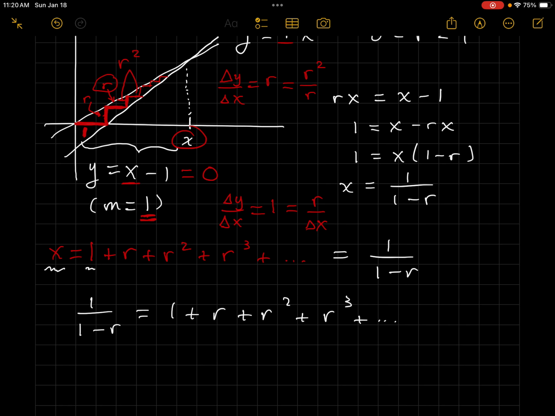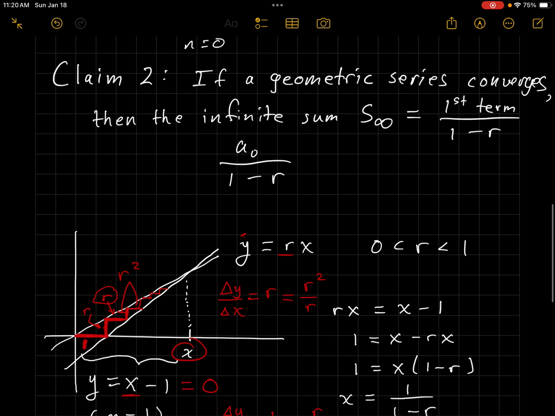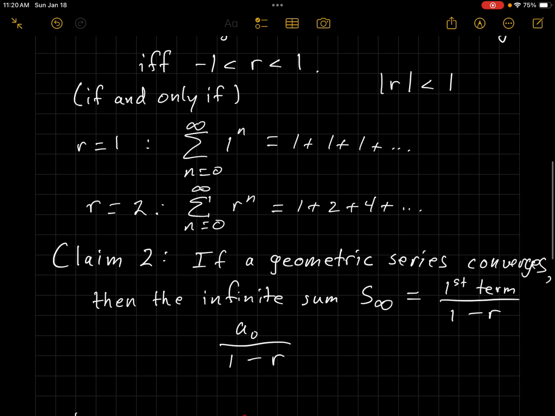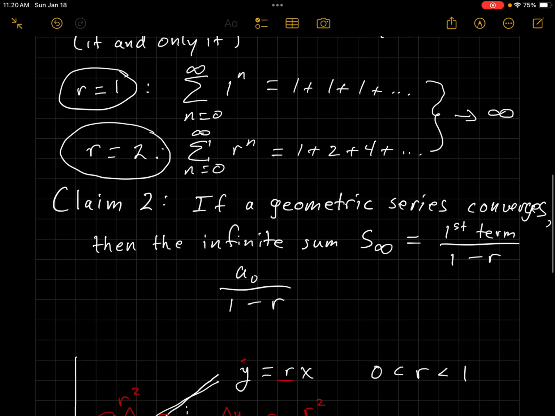Now, why must r be between 0 and 1, or negative 1 to 1 is what the full claim was? Well, what if r is bigger than 1? Or even if r equals 1? It's clear that the sum goes to infinity and does not go to a finite term.